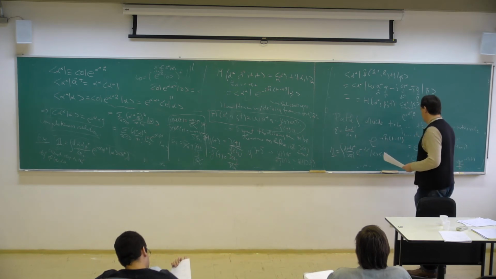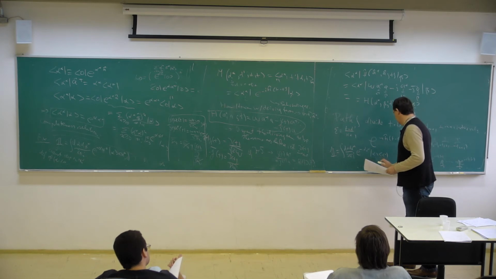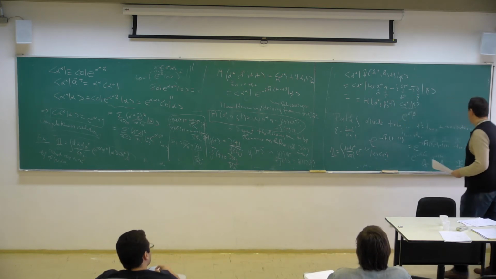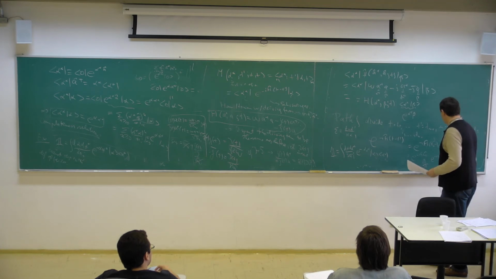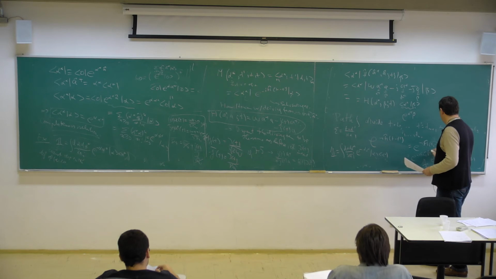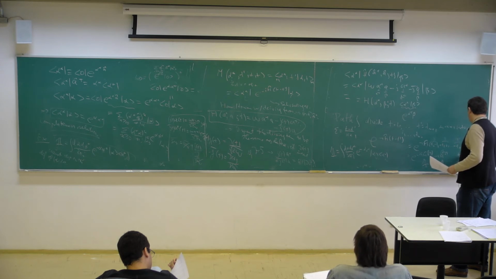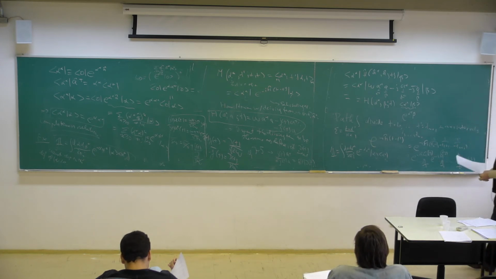So for each of these things, I consider a corresponding t i, right? And then let's say in here I have t1, then here I have t2, until here having tn, right?